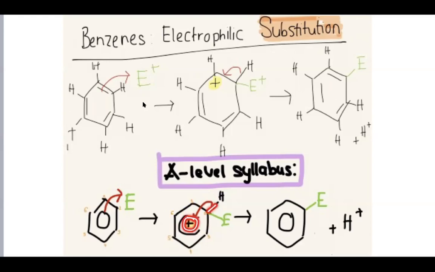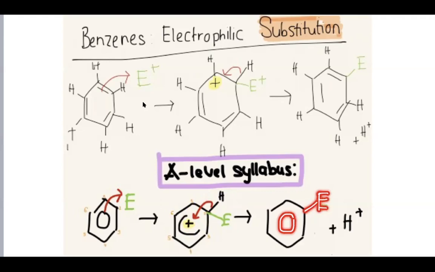It is the carbon-hydrogen bond. So you want to break the carbon-hydrogen bond. The electrons from the carbon-hydrogen bond are given to the positive charge. Okay, so then you have your delocalization restored and you have your electrophile.